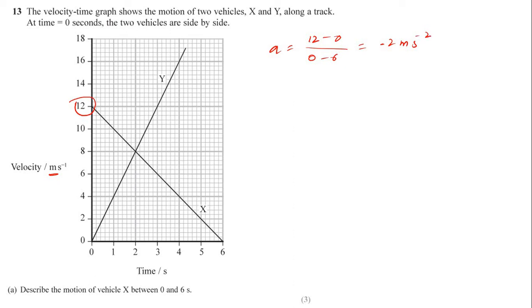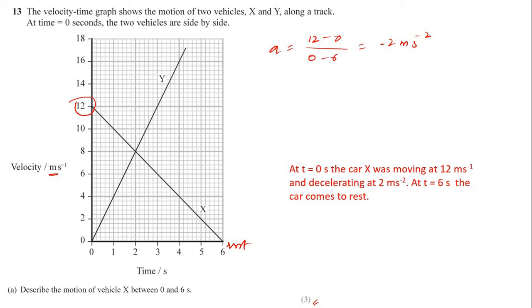So as time increases, vehicle X is decelerating at a constant rate of 2 meters per second squared until at 6 seconds the vehicle comes to rest. That's how you can explain the motion. You can show this working if you wish.